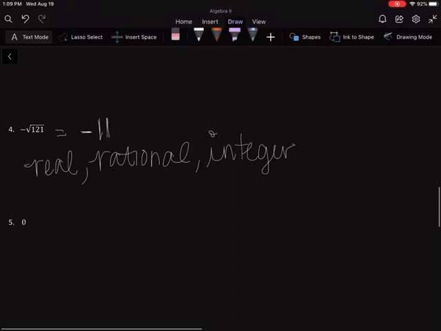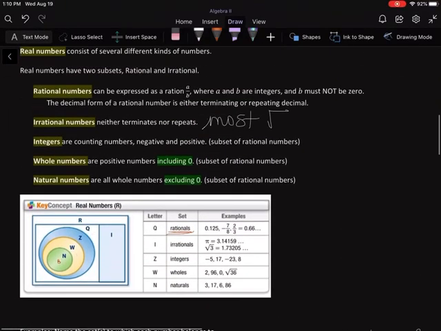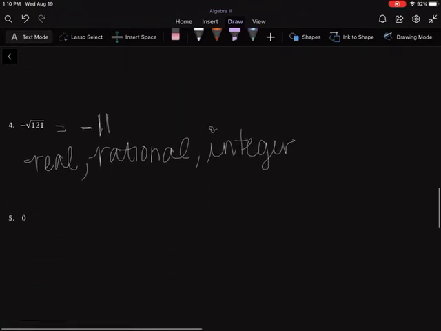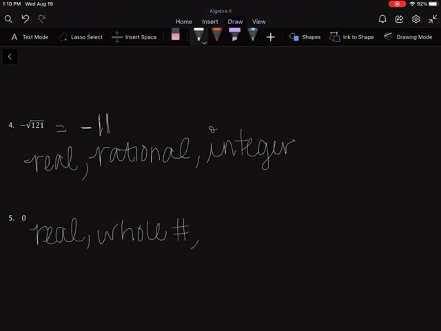All right. 0. So I kind of put this up here, right here. Whole numbers includes 0. So I definitely know it's real. It's a whole number. It's also, if it's a whole number, it's an integer.